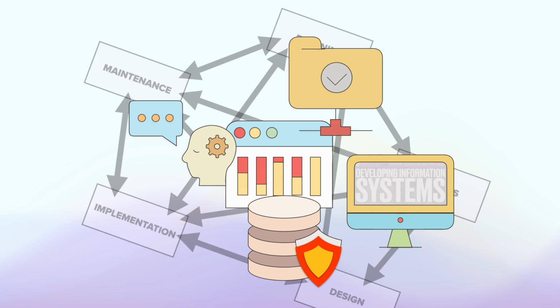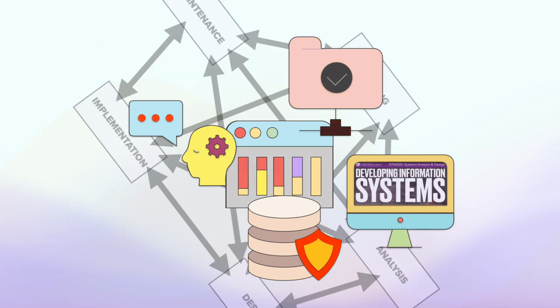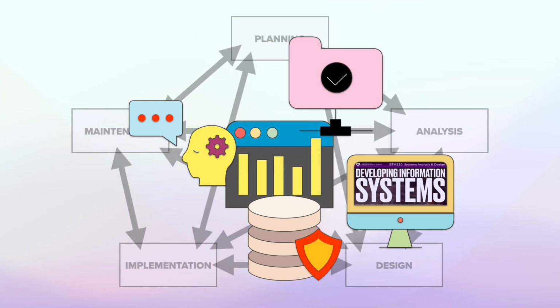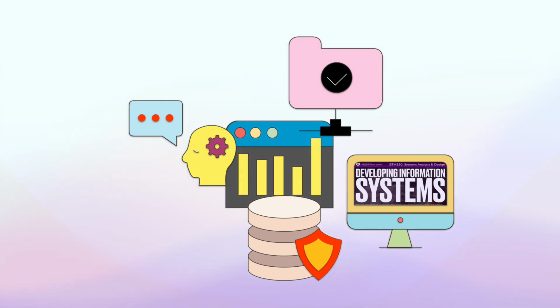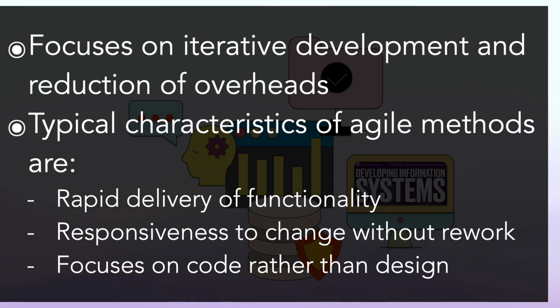We'll continue to improve the system over time by going through iterations throughout the operational lifetime of the system that we have in place. So this approach focuses on iterative development, which in theory reduces overheads. This, in its more popular form, is called agile, and that focuses on rapid delivery of function, being able to respond to change without a lot of rework.